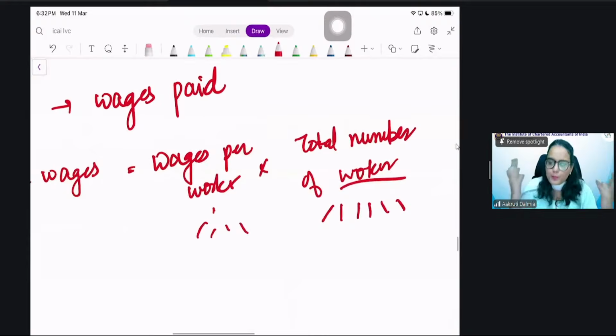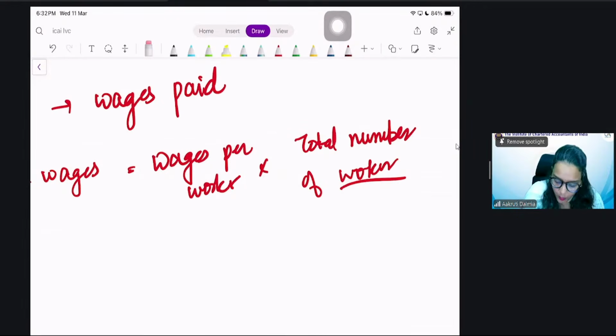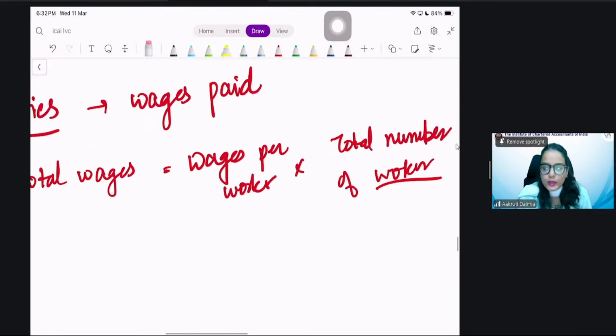I'm giving you a very simplistic idea. These analytical procedures will require a lot of information to be broken down into individual data, and then you can do the analytical procedures better. But to just give you a simple example, doing something like this can also help you check wages. Till here, everyone clear?